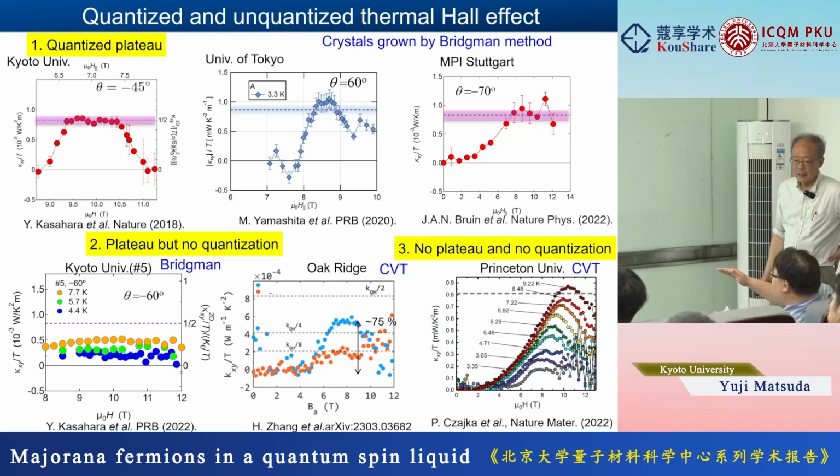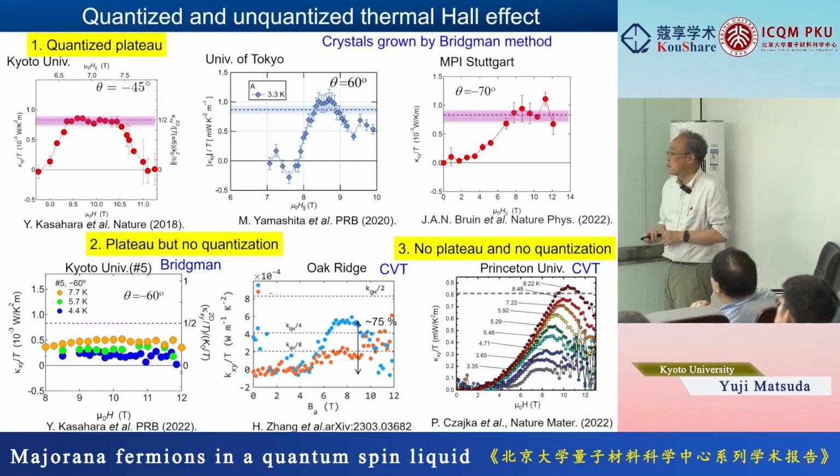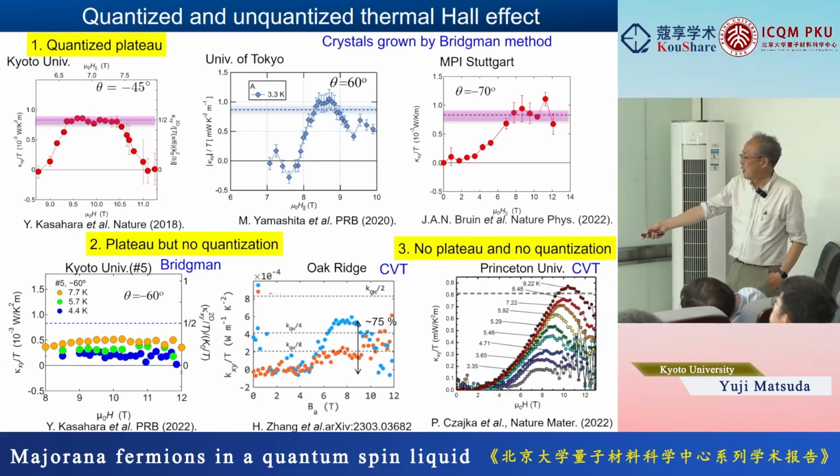But if the crystal is quite thick, how do they count how many layers there are? We know the lattice constant, and we can measure the thickness very accurately using a recent electron microscope. The Princeton group reported 2 years ago no plateau, and last year also no plateau and no quantization.